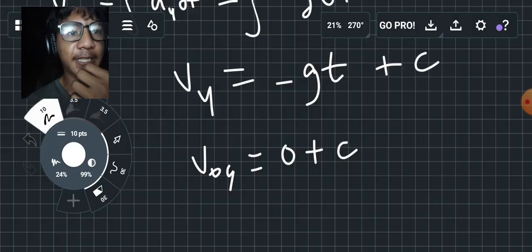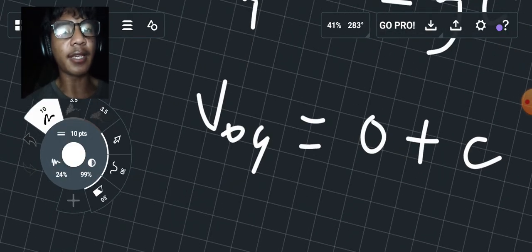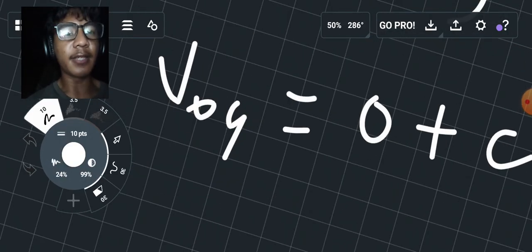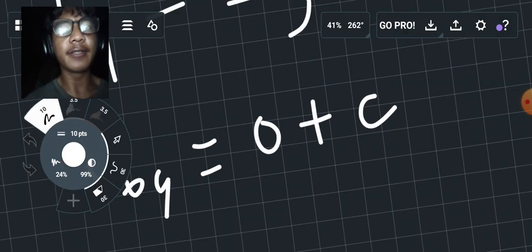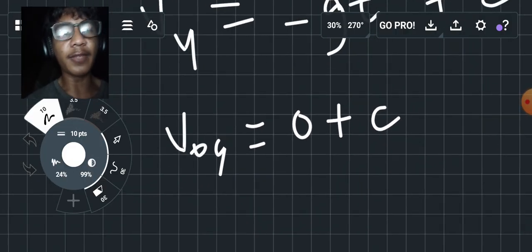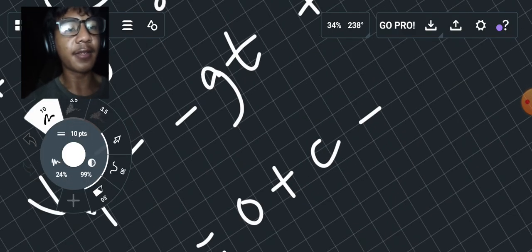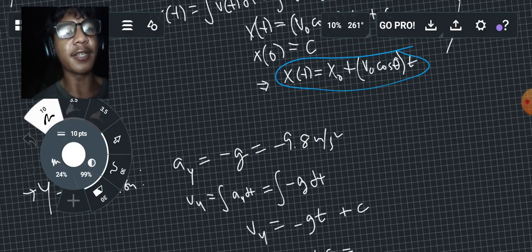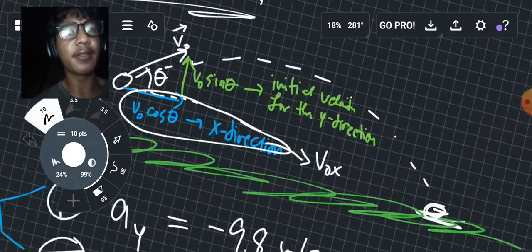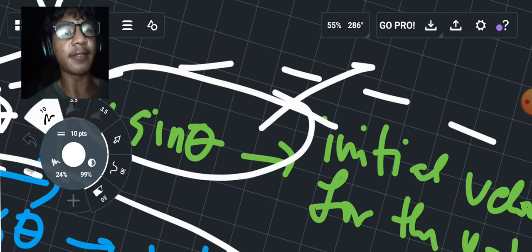But what is c? This V naught y is the y component of the initial velocity vector. From our illustration earlier, that is v naught sine theta.